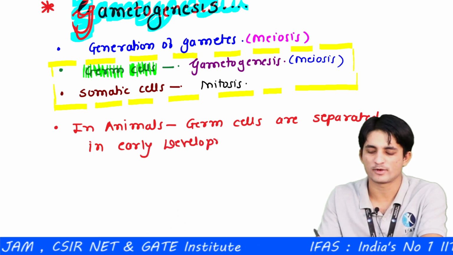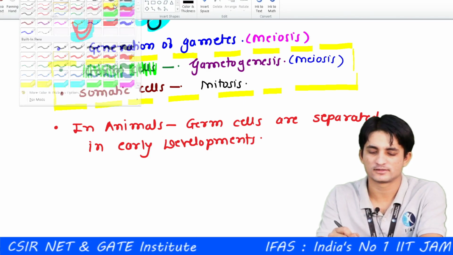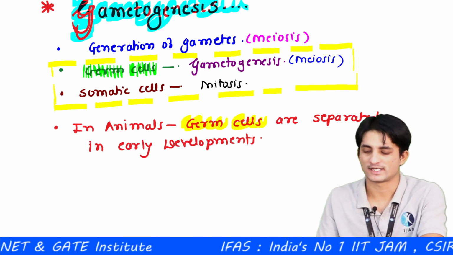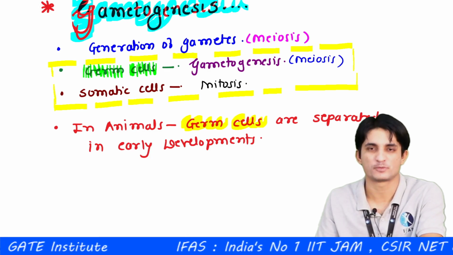So in early development germ cells are separated, and after the gonad formation they transfer into the gonads, and their separation is on the basis of some specific proteins.